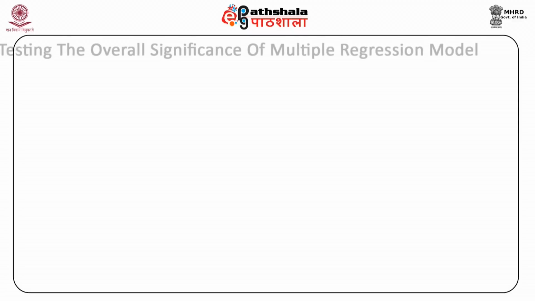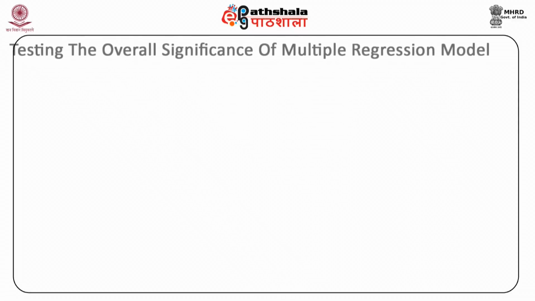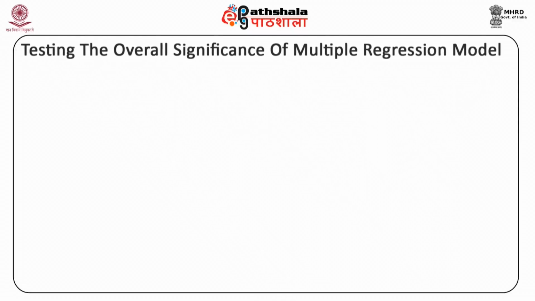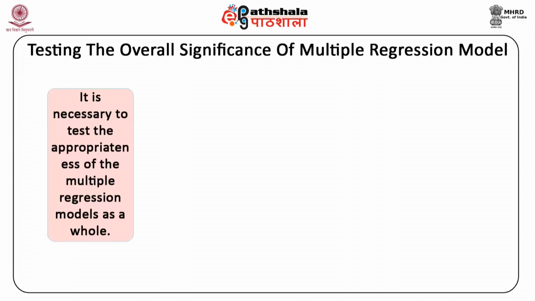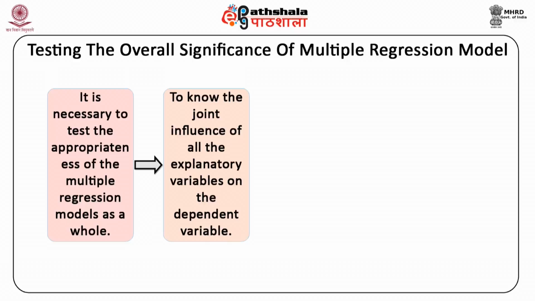Testing the overall significance of the multiple regression model. While it is important to test individual regression coefficients for their statistical significance, it is equally necessary to test the appropriateness of the multiple regression model as a whole. We need to know the joint influence of all the explanatory variables on the dependent variable.